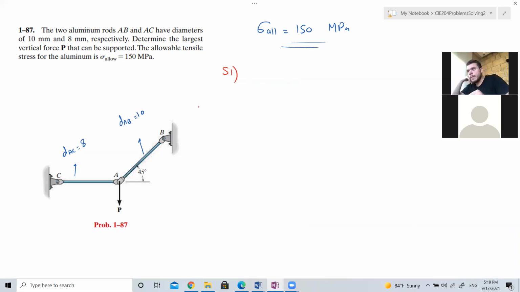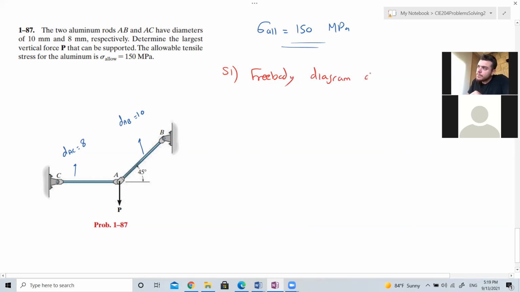My question for you is how many forces are acting at point A? If you want to draw a free body diagram of A, how many forces are acting on point A? You have the force P downwards. What else?